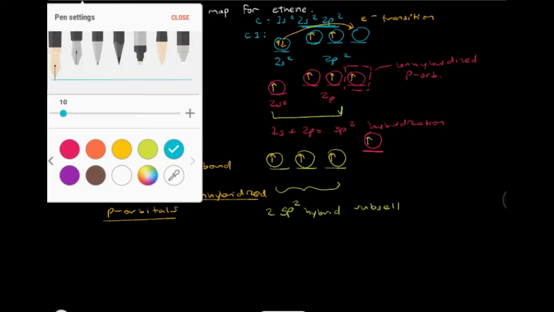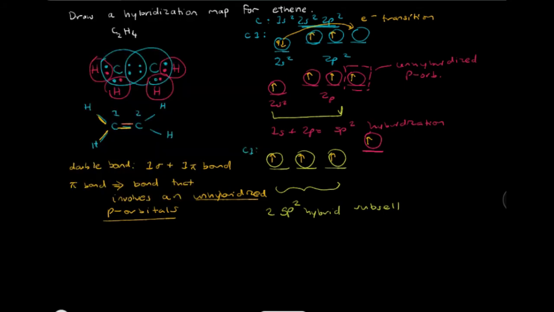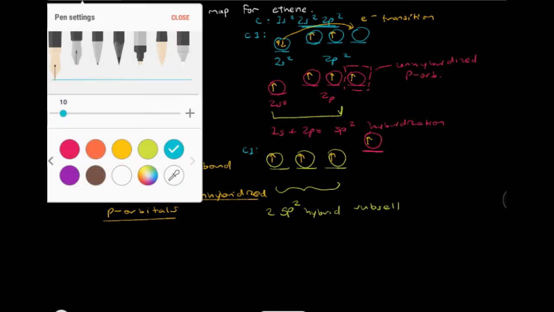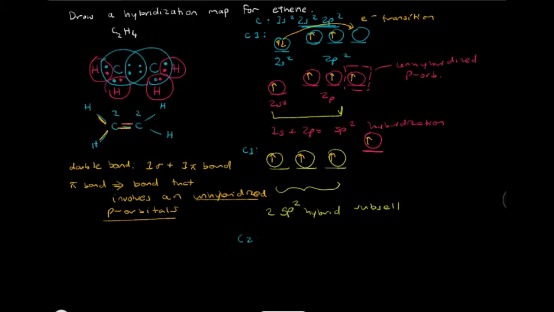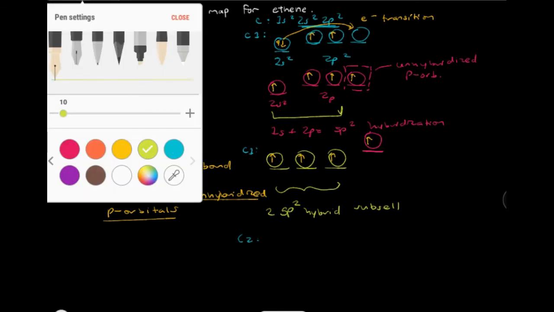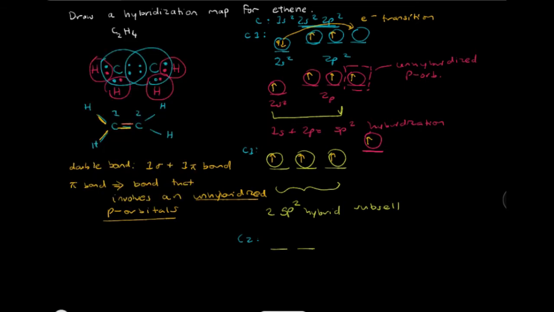So this is what carbon 1 will look like. Now you can imagine that carbon 2 will have the same bonding architecture, right? So I'm going to redraw carbon 2 for you guys. You would have the 3 sigma bonds because you would just basically mirror it.